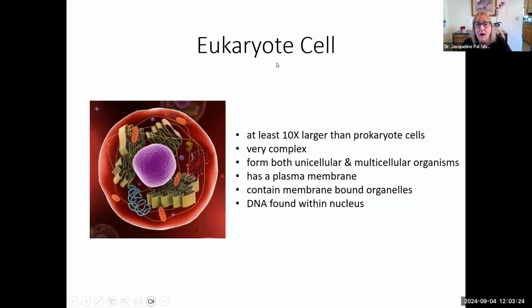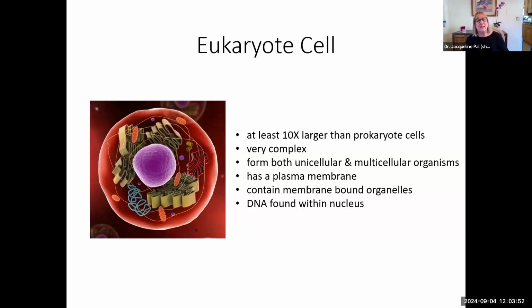Eukaryotes are going to be larger, more complex. Yes, some can be unicellular, but we're going to be looking at multicellular organisms, humans. Okay, we have eukaryotic cells. From now on, we're going to be learning about the human. We have a plasma membrane.